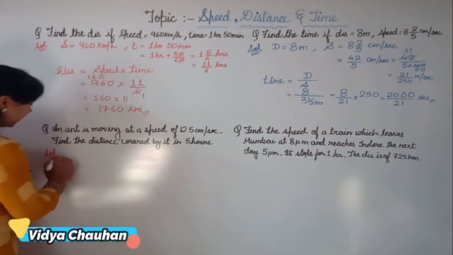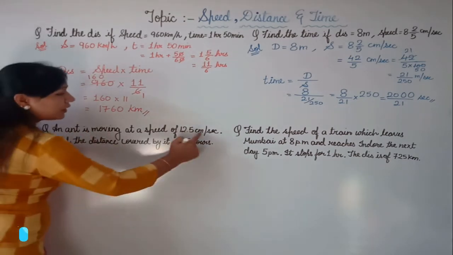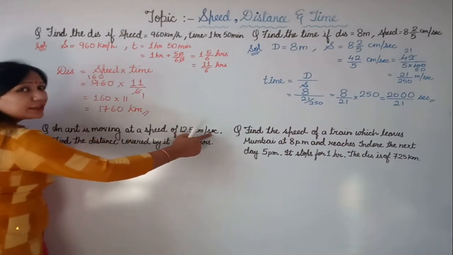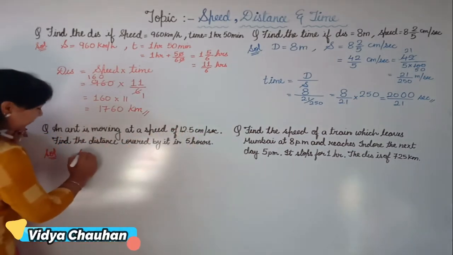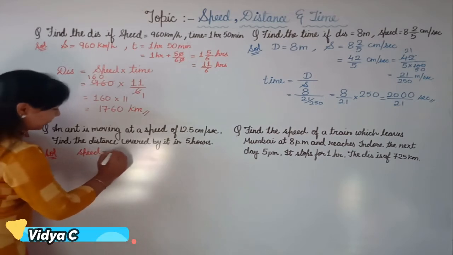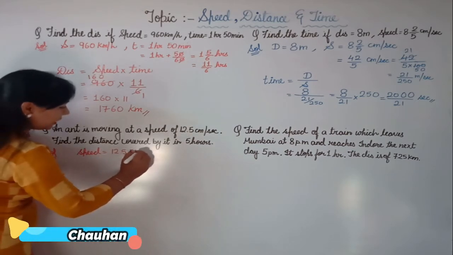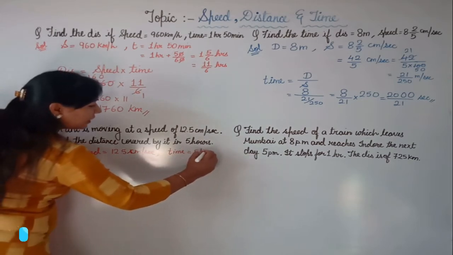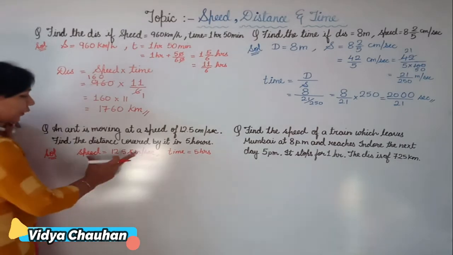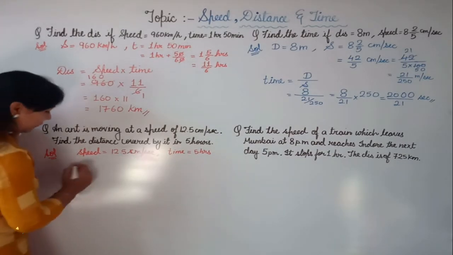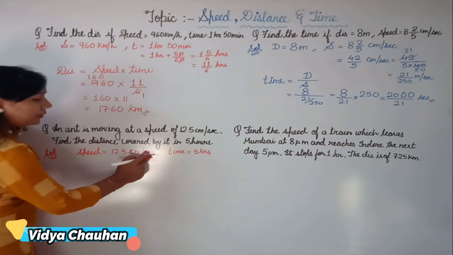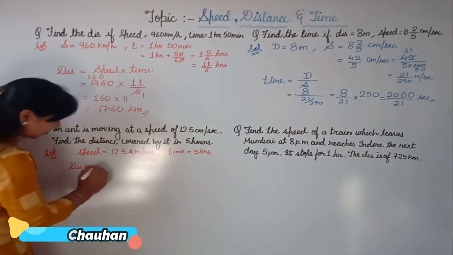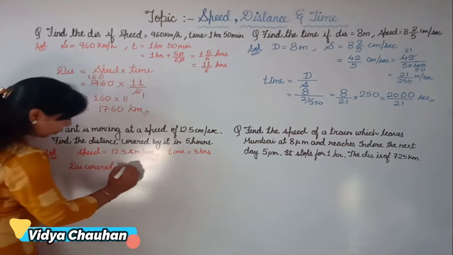In the unitary method, very first let's write the statement using the first statement given to us. The speed of the ant is 12.5 centimeter per second. That means the distance covered in 1 second is 12.5 centimeter.